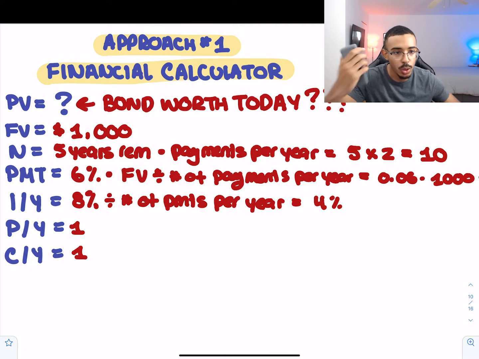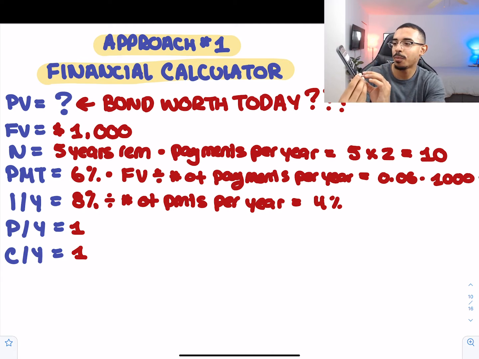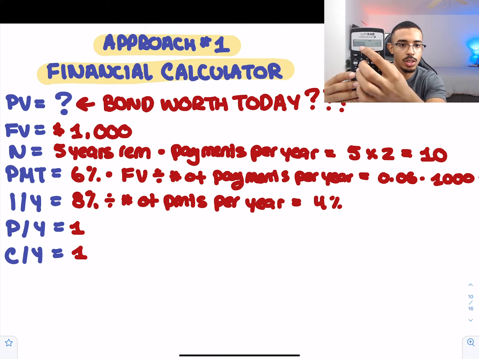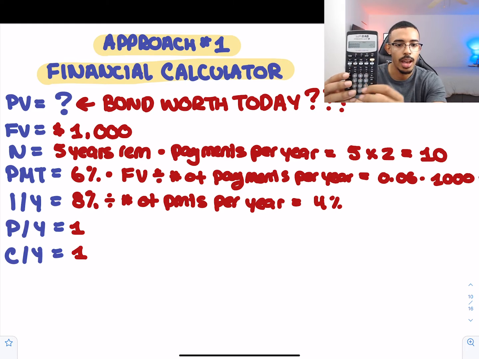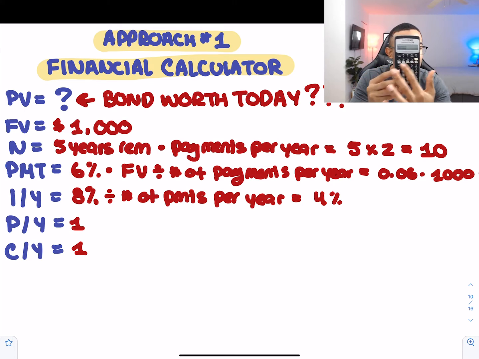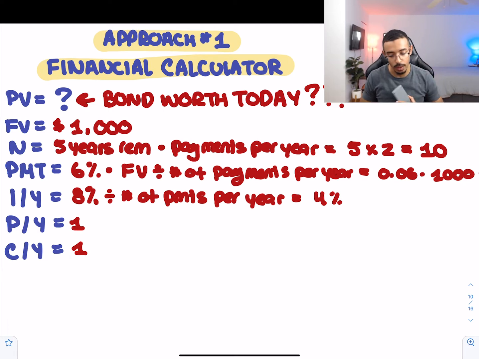In order to do so, you open your calculator, do second IY, and find your PY, which you set to 1, and that automatically sets your CY to 1 as well. Once you've done that, all you have to do is press clear, clear. And then you can plug in all the different elements we've discussed. That's how you do this within your calculator.